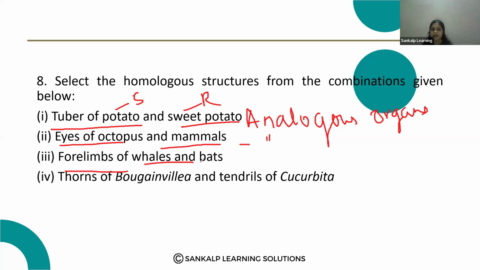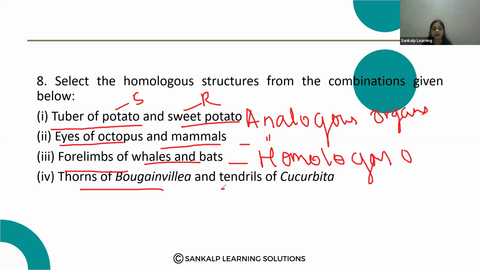Forelimbs of whales and bats are called homologous organs. Why are they homologous organs? Thorns of bougainvillea and tendrils of cucurbita, their origin is the same, their anatomy is the same, but they perform different functions. These also are homologous organs.